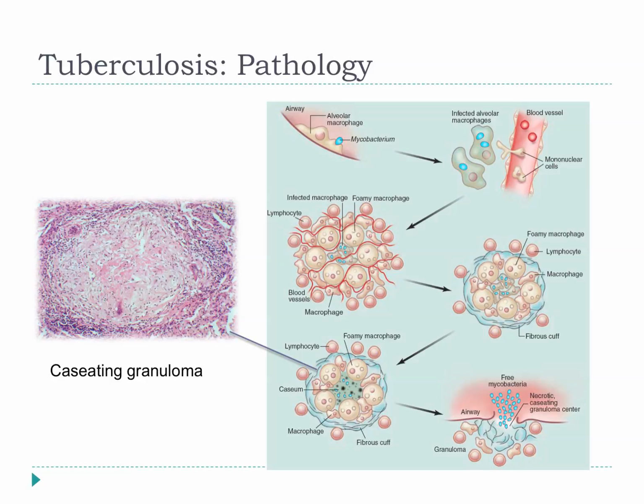And then eventually, in the worst case scenario, this thing is actually so big and close to an airway that it ruptures into the airway and releases all those mycobacteria, and then the person's coughing them up in their sputum, and that then propagates the infection to the next unfortunate individual.